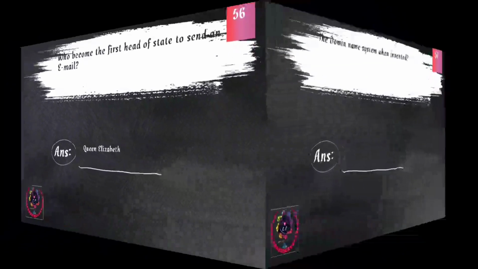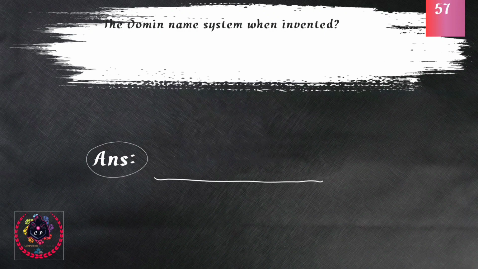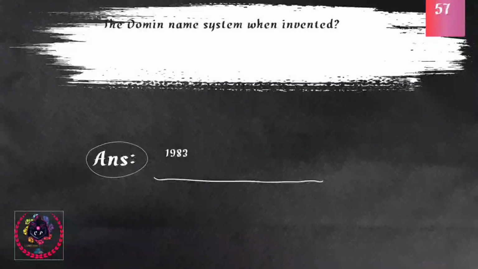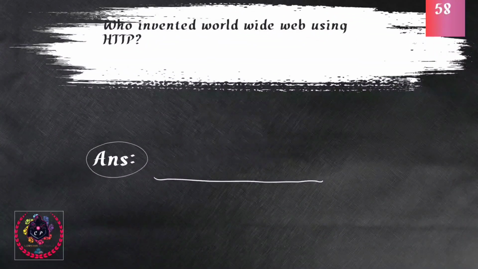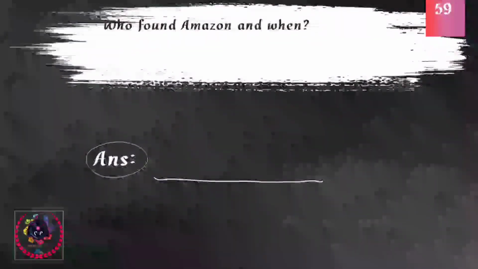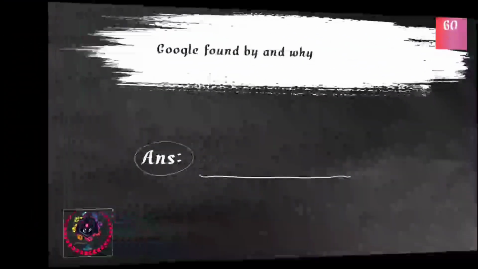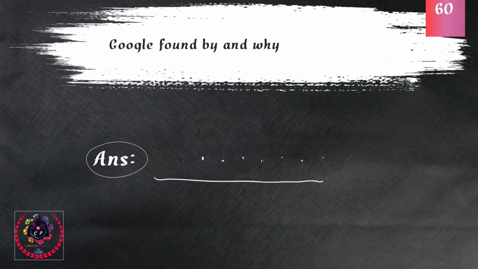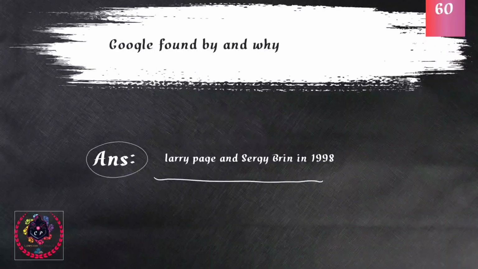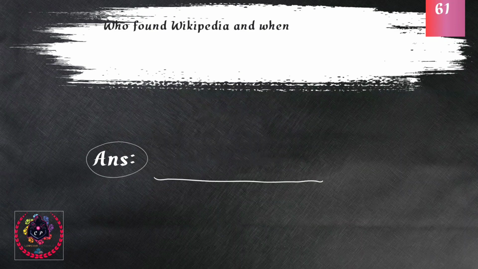Queen Elizabeth. When was the Domain Name System invented? 1983. Who invented the World Wide Web using HTTP? Tim Berners-Lee. Who founded Amazon and when? Jeff Bezos in 1994. Google was founded by Larry Page and Sergey Brin in 1998. Who founded Wikipedia and when? Jimmy Wales and Larry Sanger in 2001.